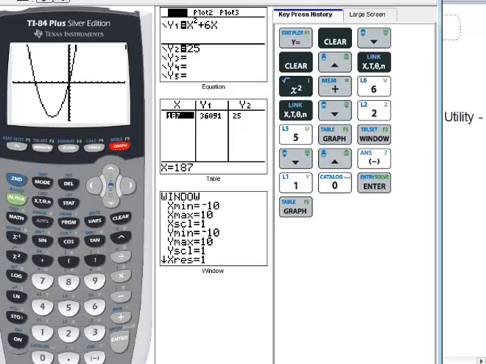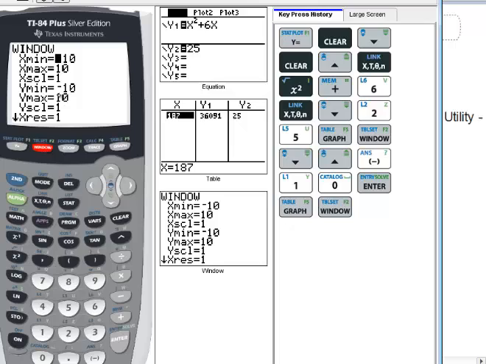So here I can see the parabola, but I don't see the other line, 25. So I'm going to look at my window settings again, and if you notice, my y max is set to 10, so I should really increase that to at least 25, maybe 30, so I can see the line y equals 25.